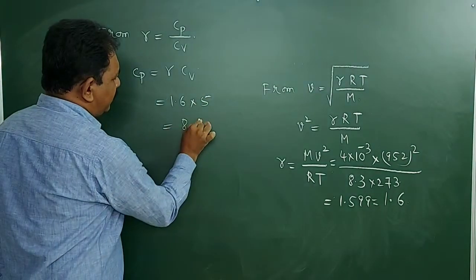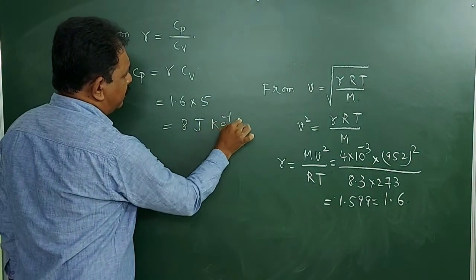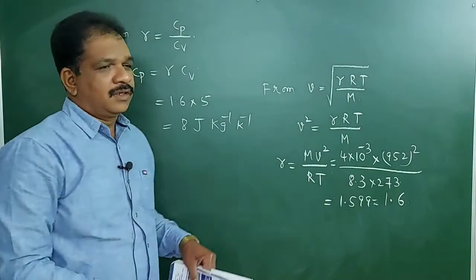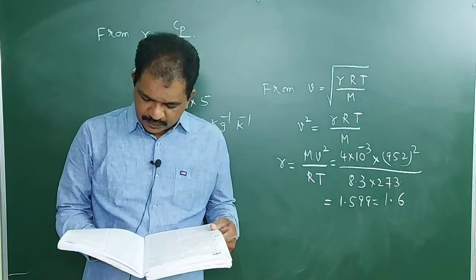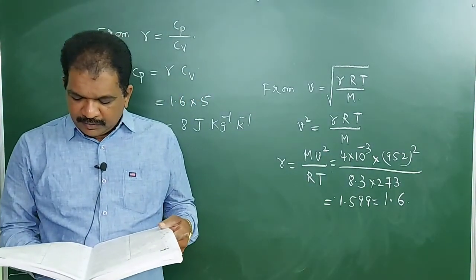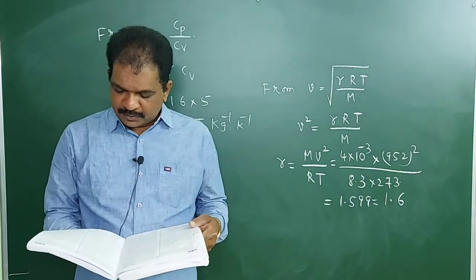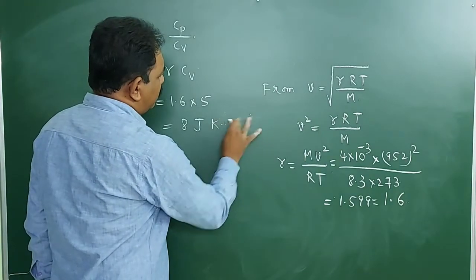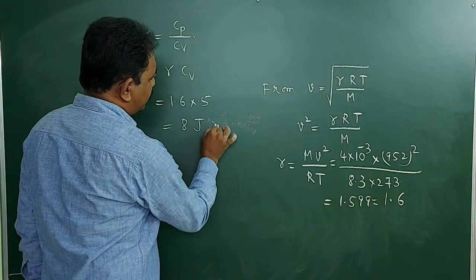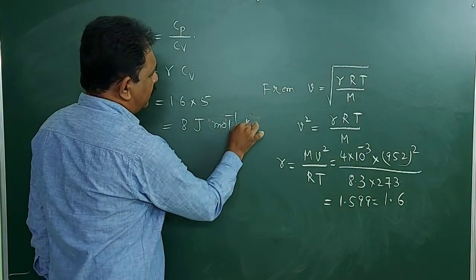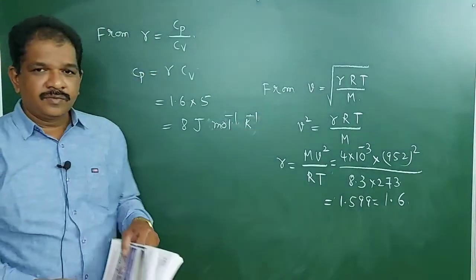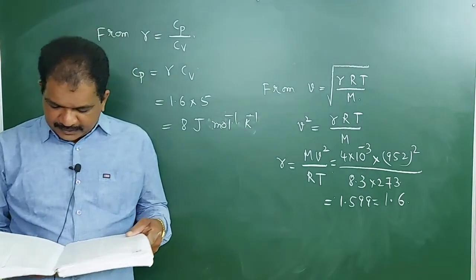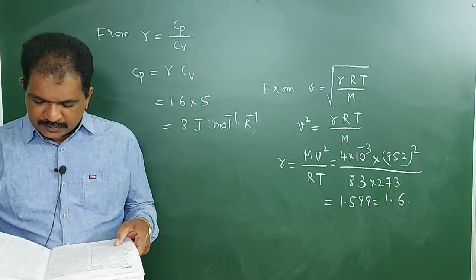This value 8 joule kg inverse Kelvin inverse. Okay, so 8th it will be second option. Joule mole inverse, capital Cp, joule mole inverse Kelvin inverse. Okay, next 9th question.